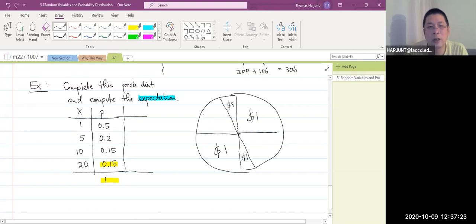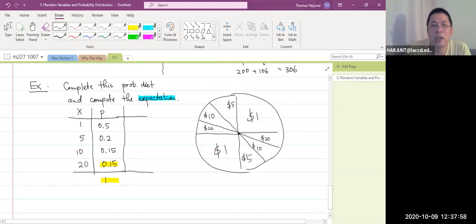It should be bigger though, I try to make it approximately 20%. So let's say like this. And then the other parts, $10, $20. $5 here, $10 here, $20 here.